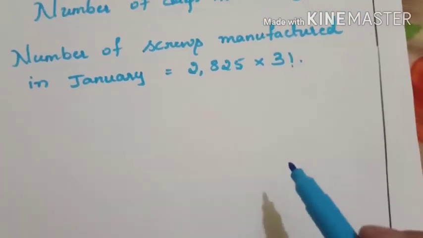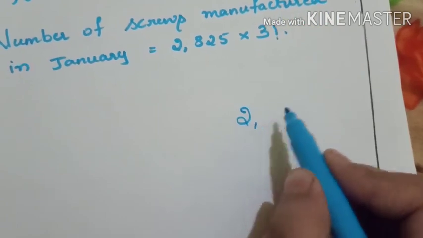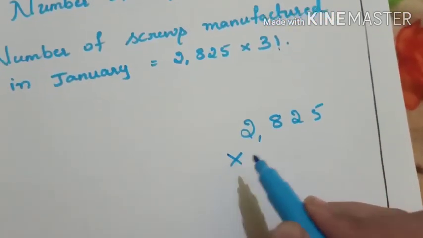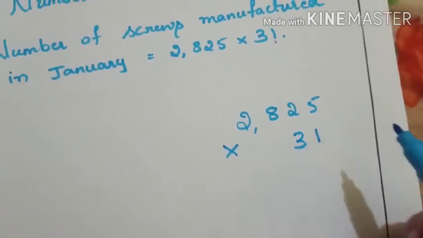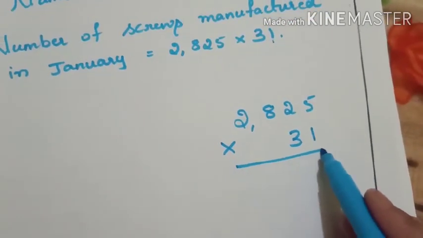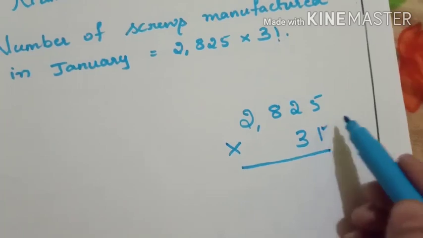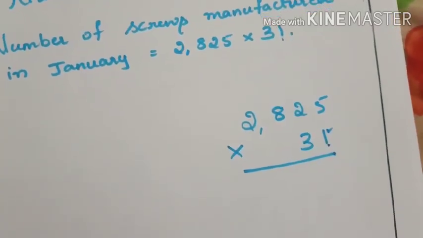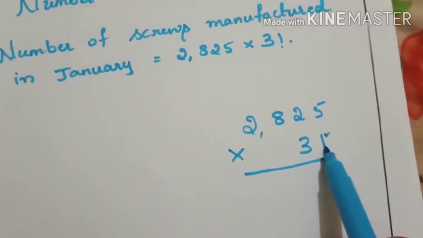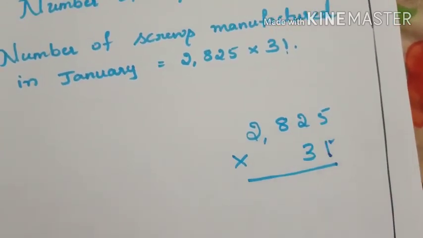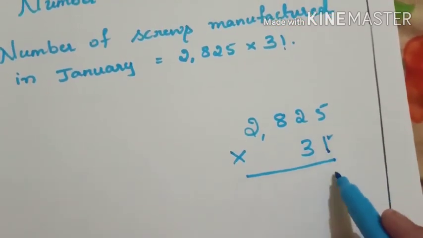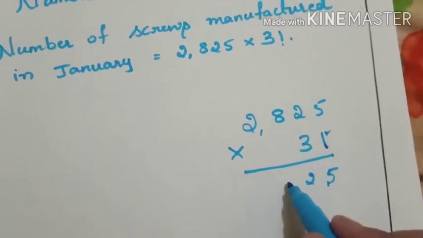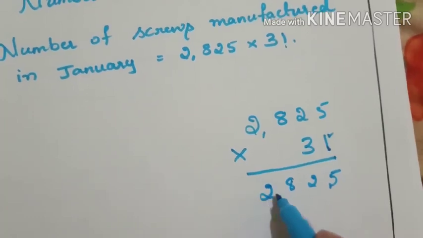Let us multiply 2,825 multiplied with 31. First multiply with the ones place, that is with 1. You know, whichever number you multiply with 1, the same number comes as the answer. Now 1 5s are 5, 1 2s are 2, 1 8s are 8, 1 2s are 2.